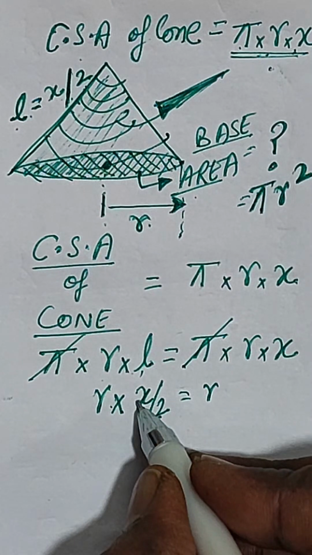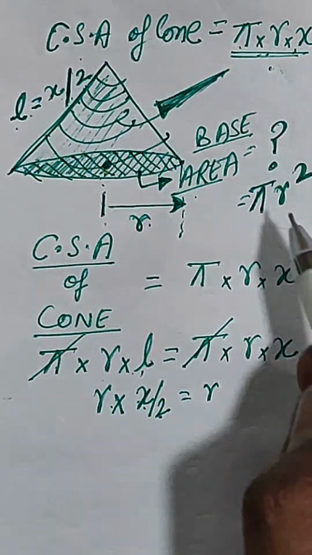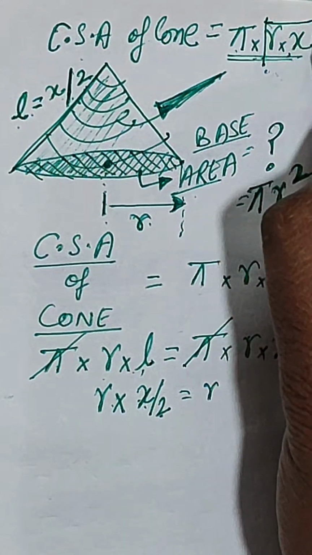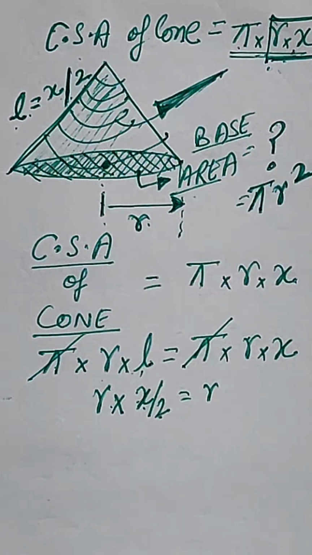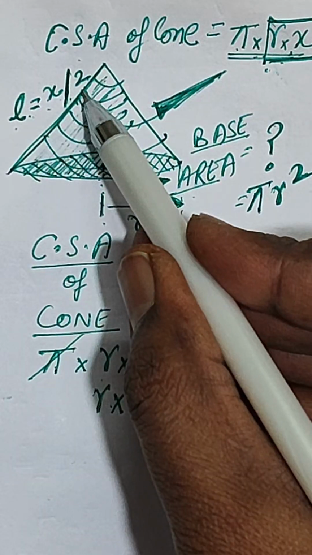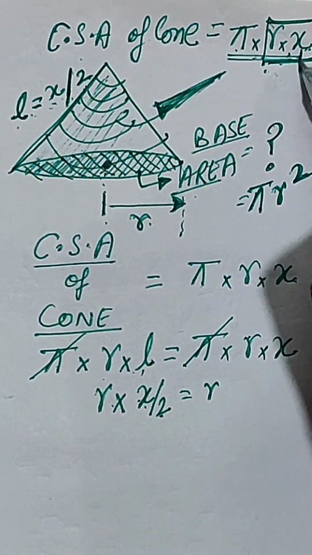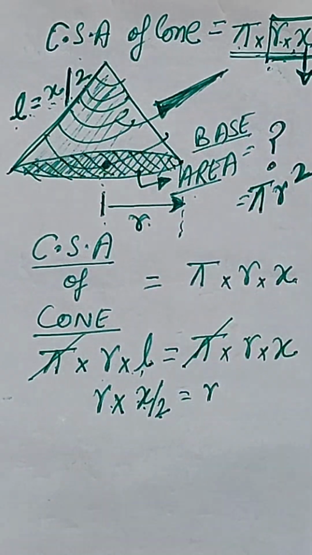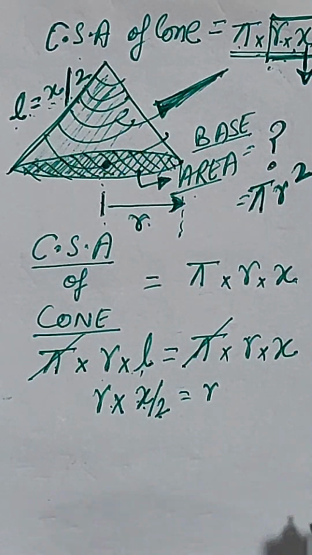It's simply given that the product of r and x is pi r x, and L is x by 2. So if the slanting height is x by 2, the radius will be 2r, which is right. Badshah, your answer is right.